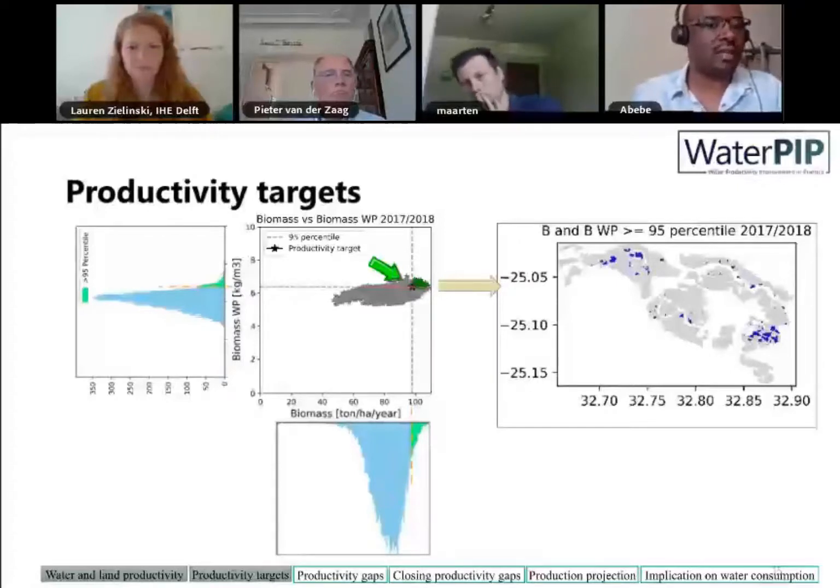And then the productivity gap could be calculated by considering the value of those targets versus the value at each pixel.